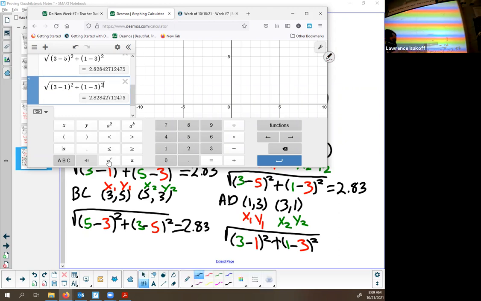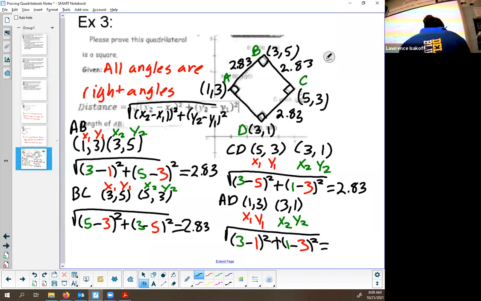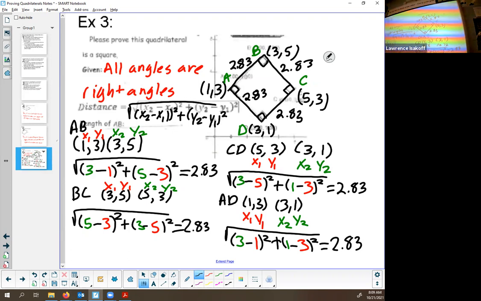So we showed that all 4 sides are indeed equal. I do need you to show your work of what you're doing with whatever formula you're using. This way we know what's going on. So this is all my evidence. Now I need to write my conclusion.